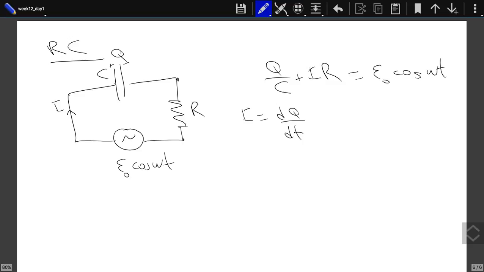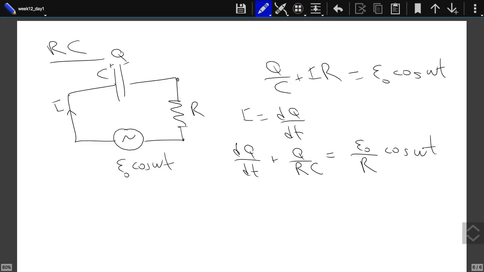So if you just put it over here, we have dq by dt plus q over RC. This is equal to epsilon 0 over R cosine omega t. I also divide it everywhere by R.